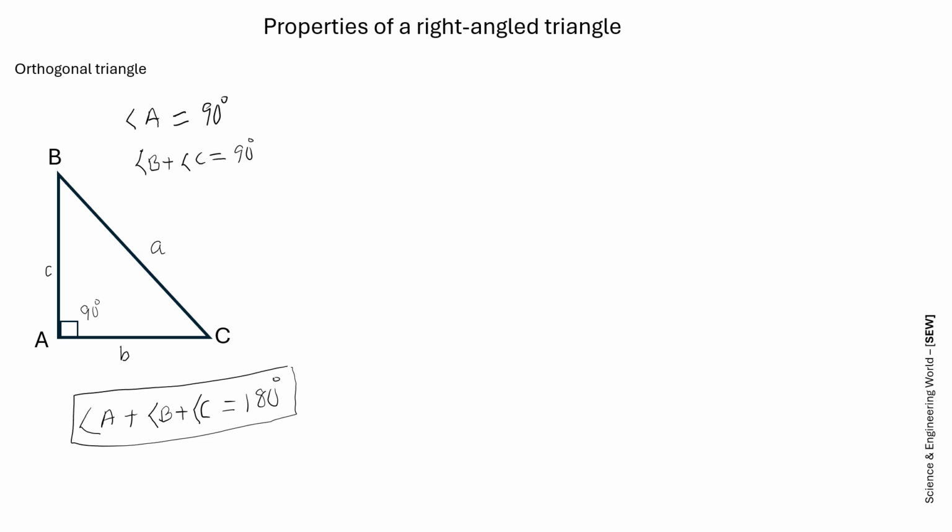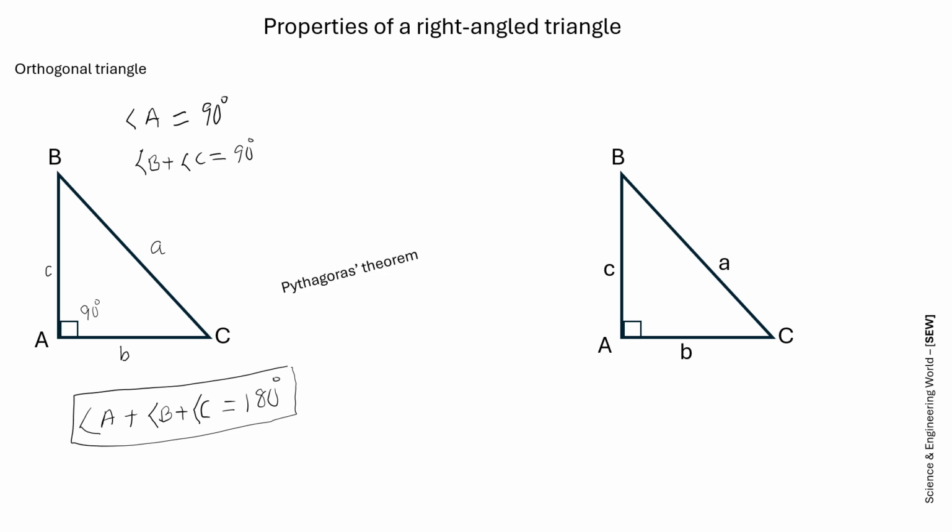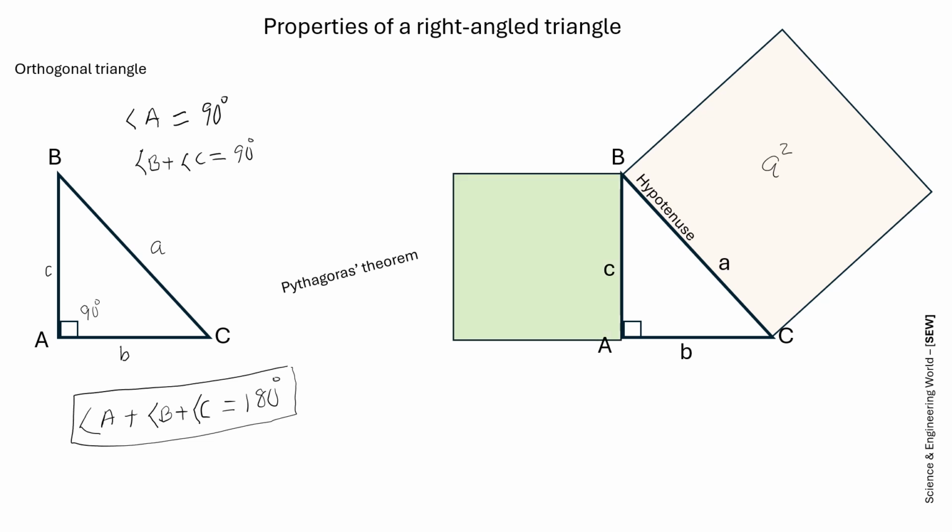Let's look at the relationship between the sides of this right-angled triangle by using Pythagoras theorem. That's small a, that's BC, which is facing the 90 degrees, is the hypotenuse. Pythagoras says that the square on the hypotenuse, the area of which is a squared, must be equal to the area of the squares on the other two sides.